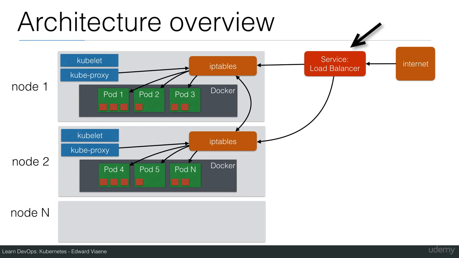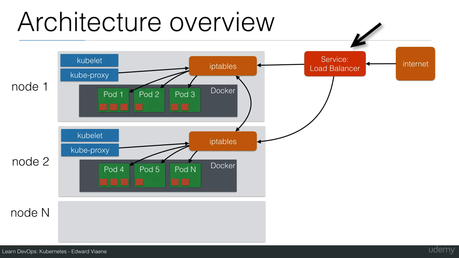That brings us to the service. And the easiest way to remember how a service works is just to imagine yourself a load balancer. So this can be, for instance, the ELB, the Elastic Load Balancer on AWS. This Elastic Load Balancer on AWS is going to be publicly available. So clients from the internet can connect to this load balancer, and this load balancer is then going to forward the traffic to our Kubernetes cluster.